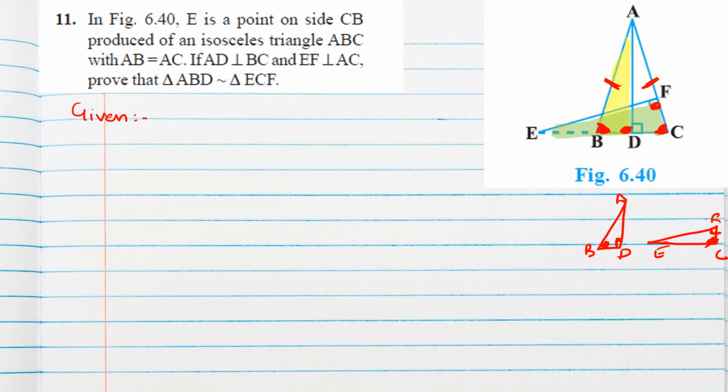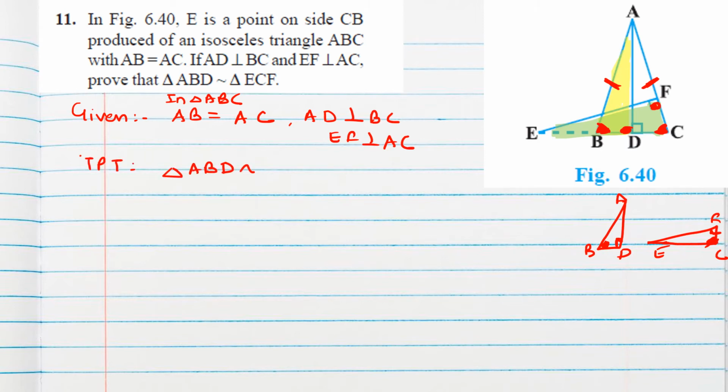Given: in triangle ABC, AB equal to AC, AD is perpendicular to BC, and EF is perpendicular to AC. To prove that triangle ABD is similar to triangle ECF. In the proof we will consider both triangles.